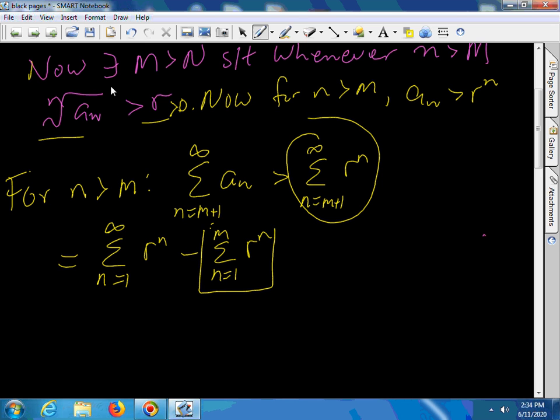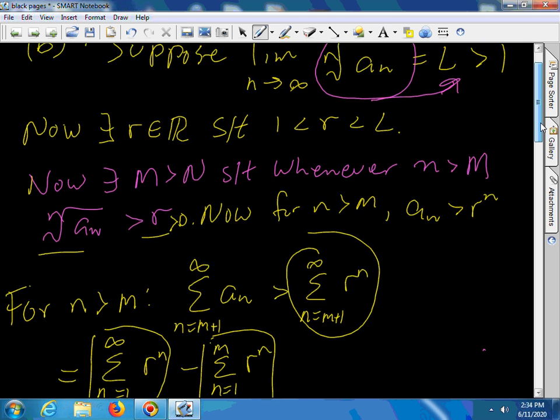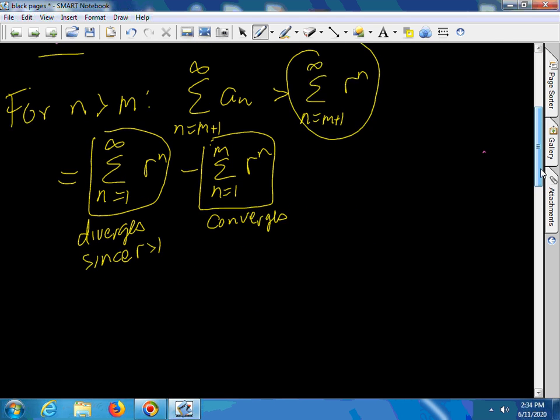Now this being a finite sum, it converges. But this diverges since r is bigger than 1. Remember, that was the whole premise here, that r was bigger than 1. Okay.